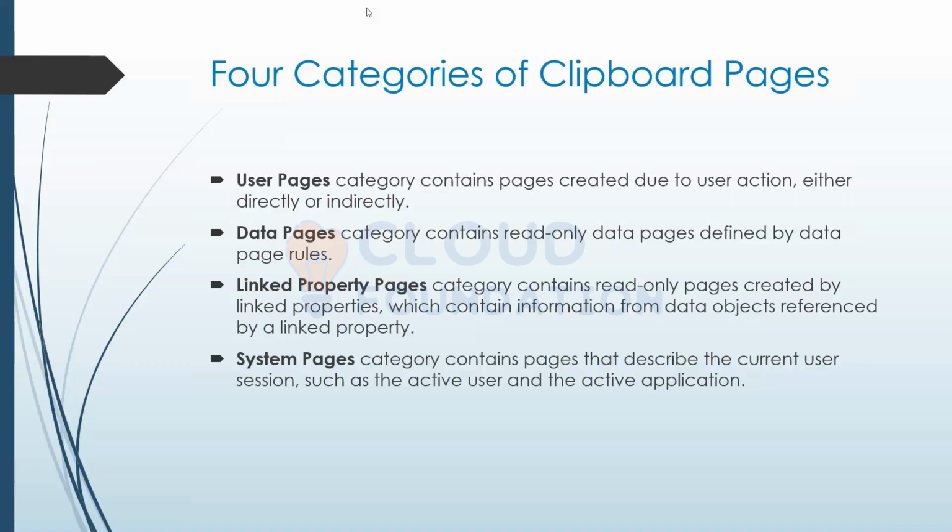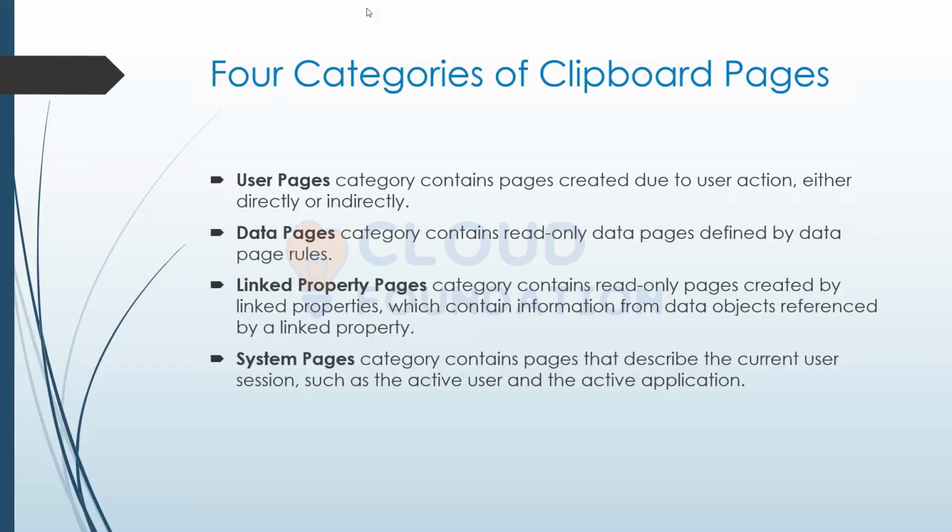If you want to look at data related to the current user, which operator has logged in, or which operator raised this case, or what the current active user session is, or which application you are in, what the organization division unit is, all of that can be checked in the system pages category. According to what kind of data you are looking at, you need to choose the respective clipboard category.